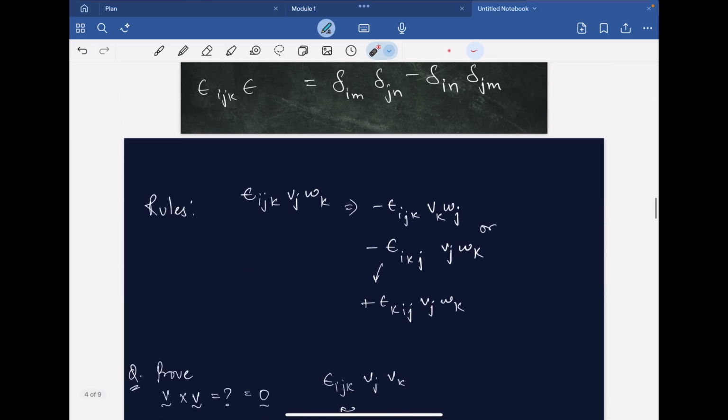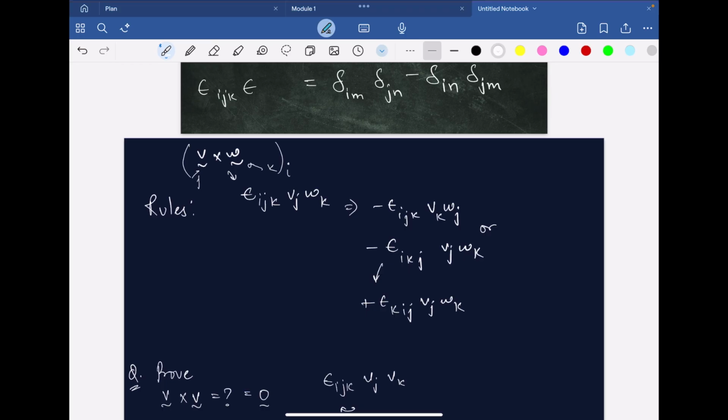Now, another rule that we have before we go about proving something is that, let's say you have a vector that you want to prove, v cross w. This is how you will write it. You'll assign j to this, for example, k to this, and the overall vector that comes out should be of i.